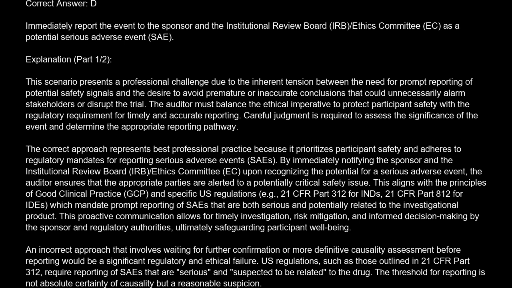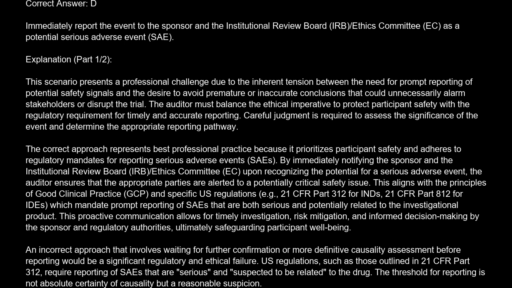The correct approach represents best professional practice because it prioritizes participant safety and adheres to regulatory mandates for reporting serious adverse events, SAEs, by immediately notifying the sponsor and the Institutional Review Board, IRB/Ethics Committee, EC. Upon recognizing the potential for a serious adverse event, the auditor ensures that the appropriate parties are alerted to a potentially critical safety issue.